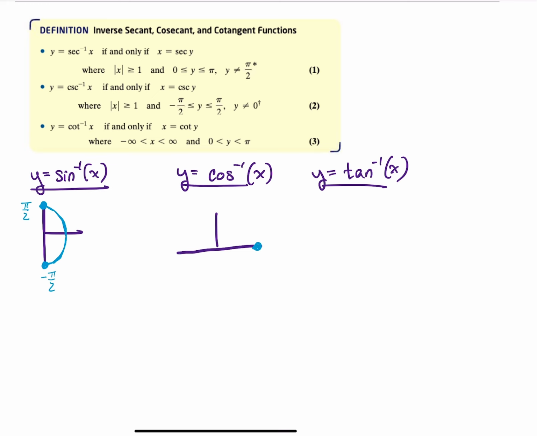We can produce a little diagram like this. So between 0 and pi. And then the tangent looked like our restricted inverse sine, except it was undefined at negative pi over 2 and pi over 2. Remember, we had some horizontal asymptotes there.